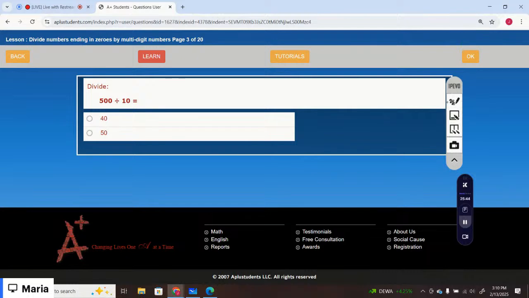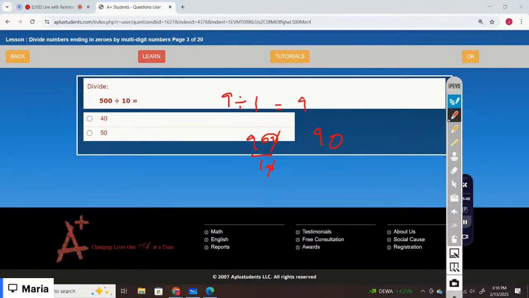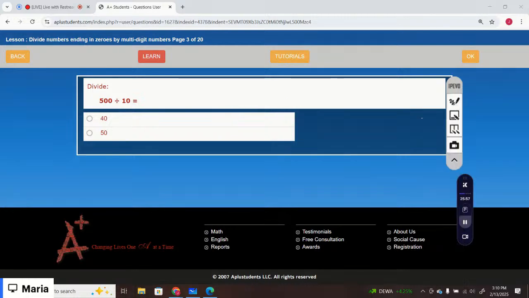If you divide the non-zero values, that is 5 divided by 1 is 5. You have two zeros with 500 and one with 10. So 1 zero can cancel out and you have 50. Option number 2 is the correct option, that is 50.